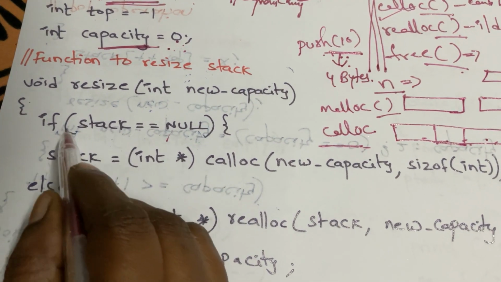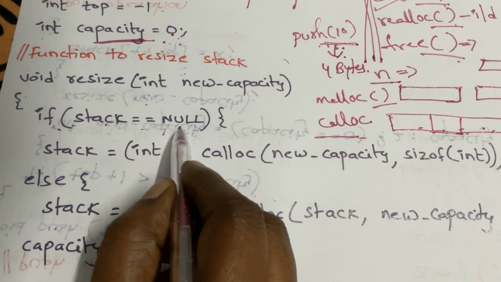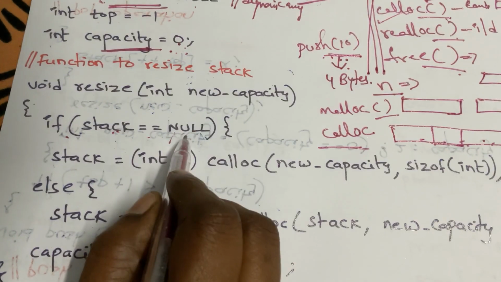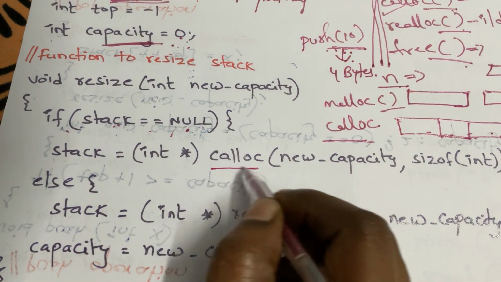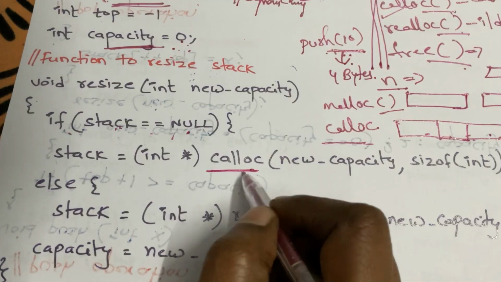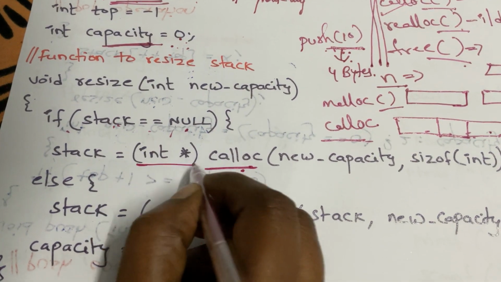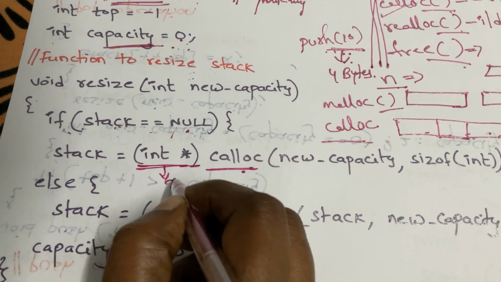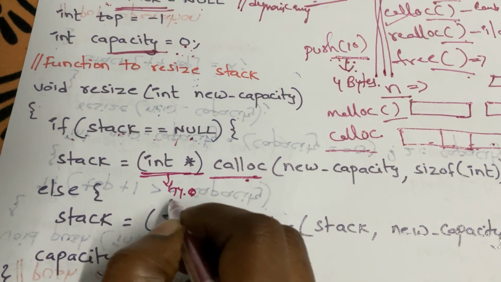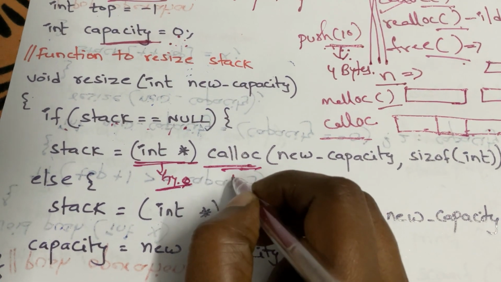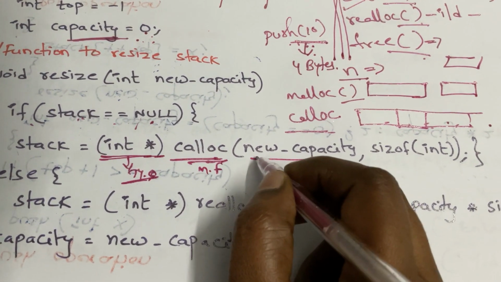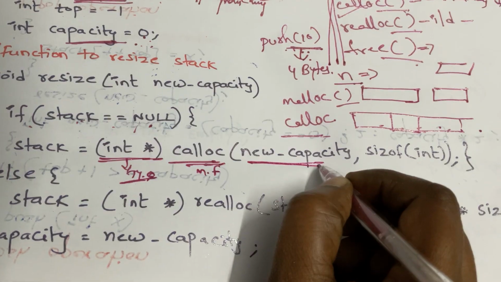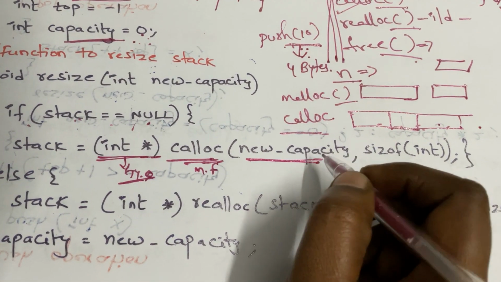Now look at this: if stack double equal to null, that means when stack is pointing to null, then I will be creating memory. So this int star is a typecasting operator, and calloc is the memory function. Now, new capacity: according to the new capacity, I have to create memory.